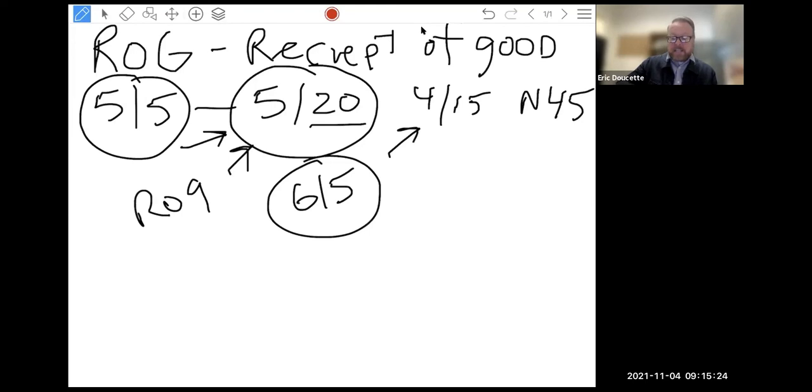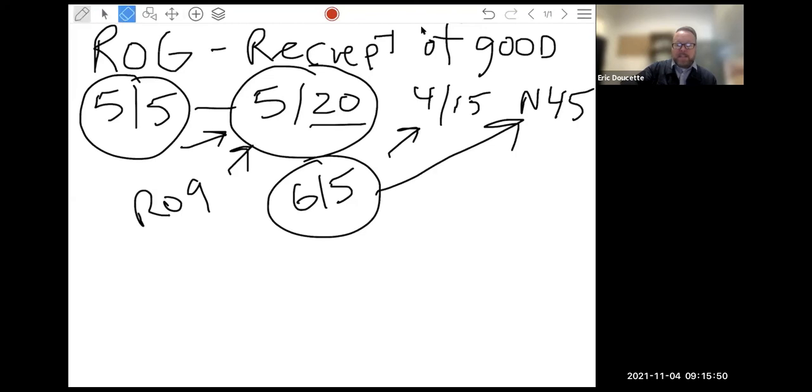So 15 days after you receive the goods is June 5th, and that's when your discount period would end. And then of course you would add another 30 days to that for when you're N45, when you're actually due for the remainder. So just remember, receipt of goods, all you're doing is doing the same thing, but you're not taking it from the invoice date. You're taking it from the day that you receive the goods. That's the only difference. Everything else is exactly the same.